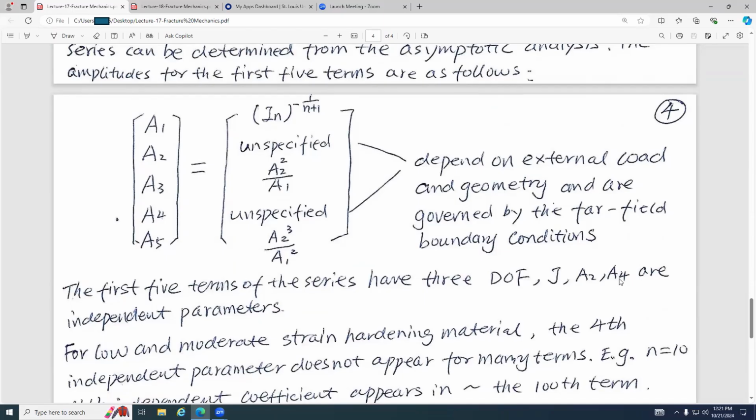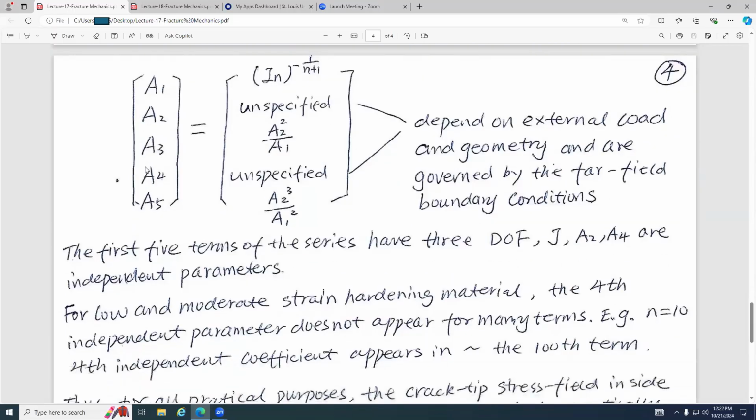So these 3 are independent parameters. For all the other terms, A1, A3, A5, as long as we have these 3, we can determine them. So you can see J, A2, A4 are independent variables.